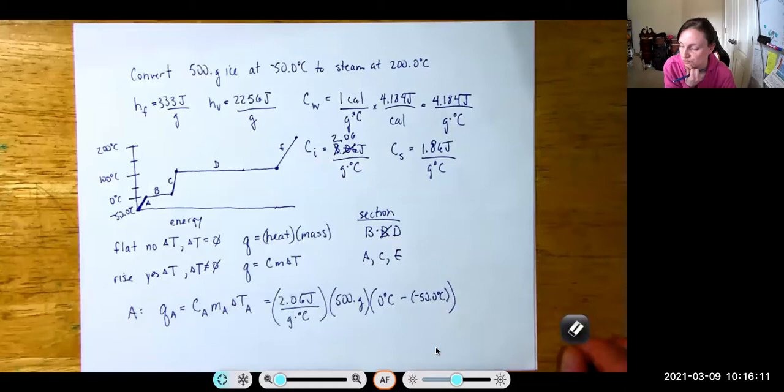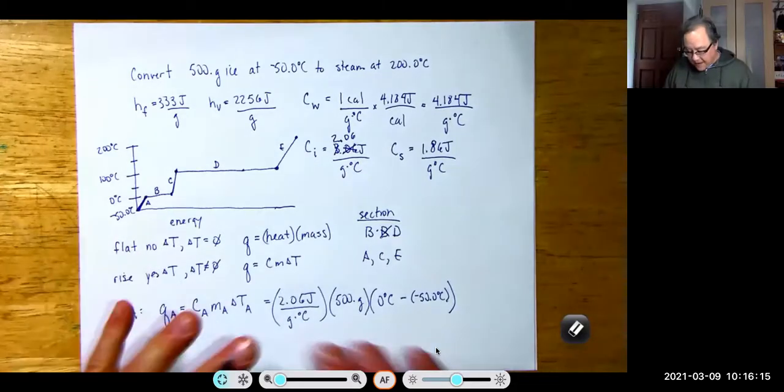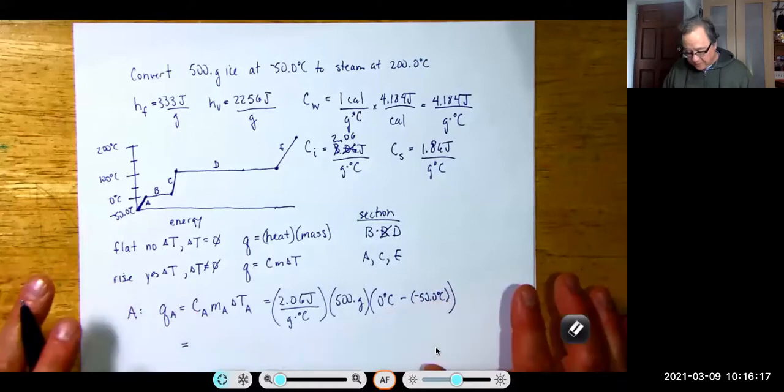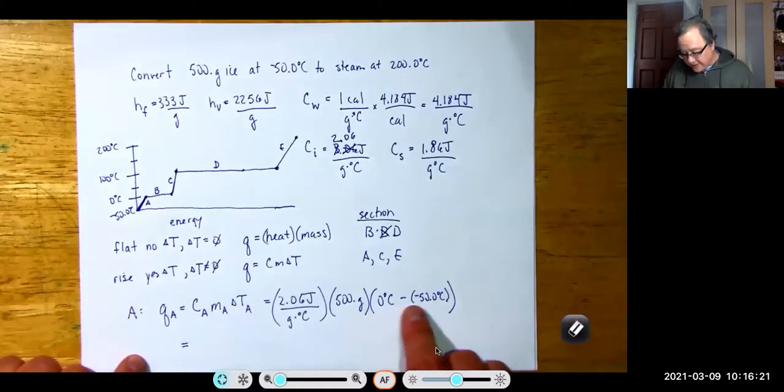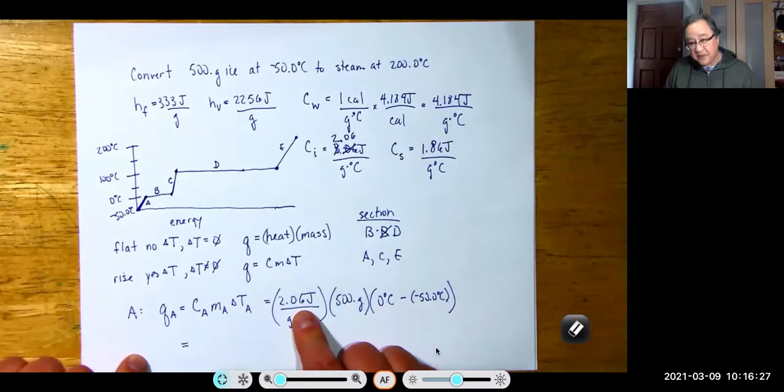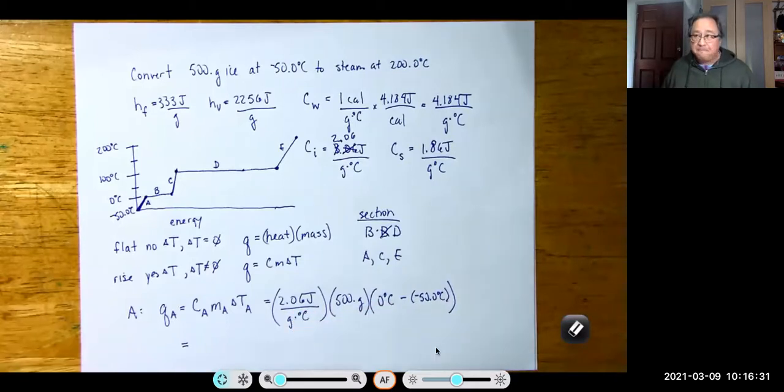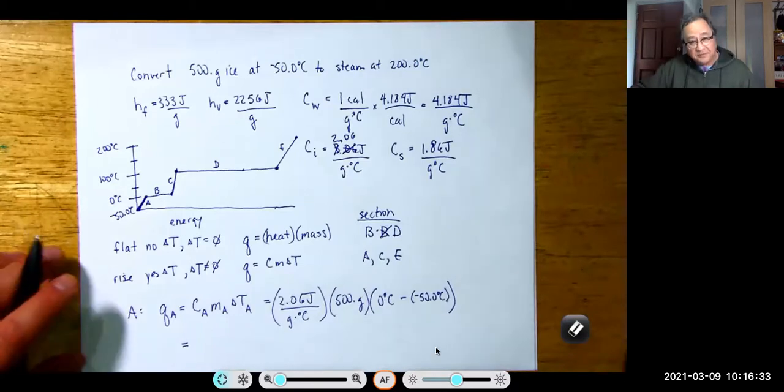So it ends up being a positive, correct? Yeah. When we do the math in our heads, can you see that 0 minus -50 is plus 50? And 50 times 2 is roughly 100. And 100 times 500 is going to be roughly 50,000.